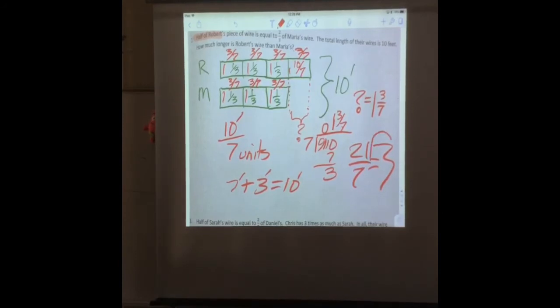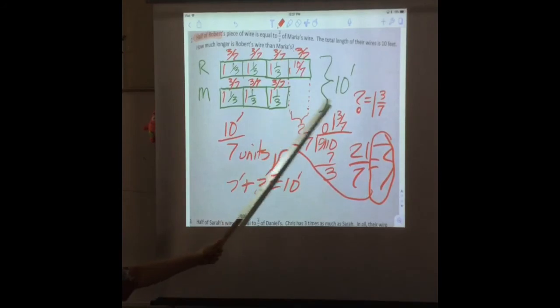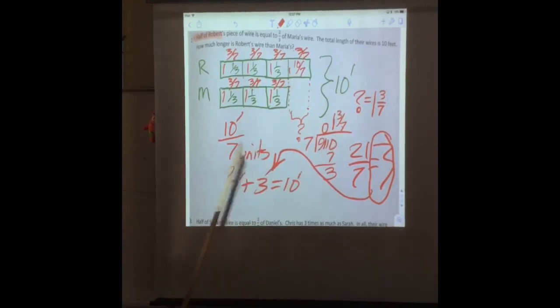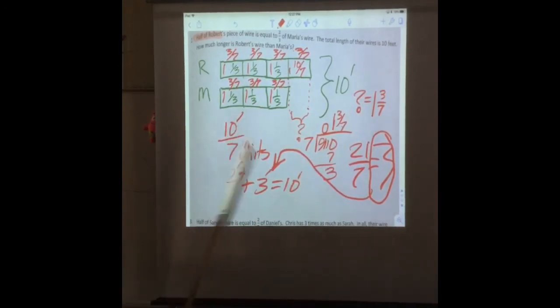So this 3 right here is what makes it 10 feet. Okay, does that make sense? So this one is actually 1 foot and 3/7 longer. So Robert's is 1 foot and 3/7 longer than Maria's. Let's go to our next problem.